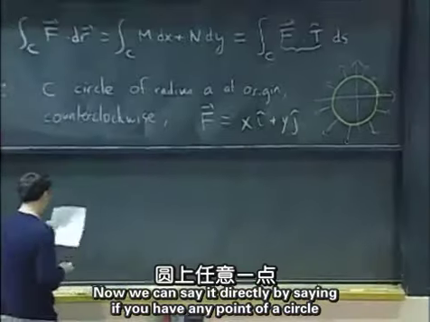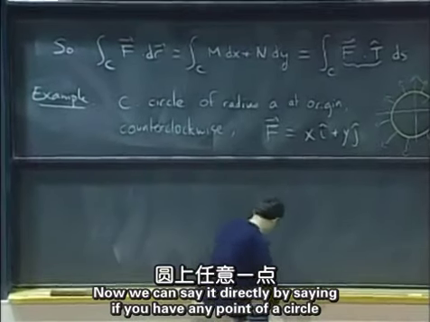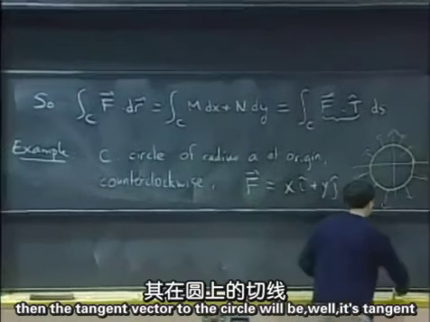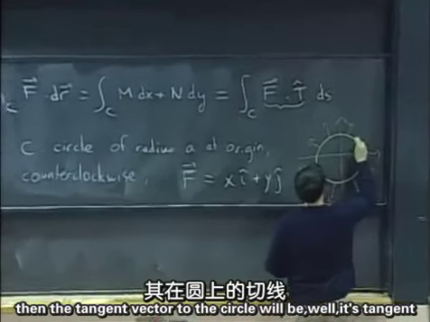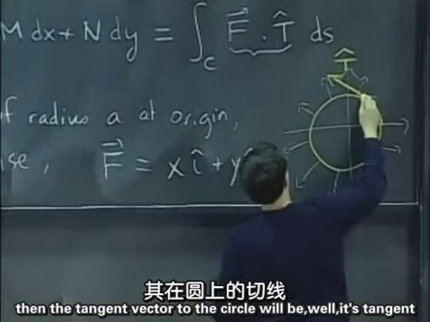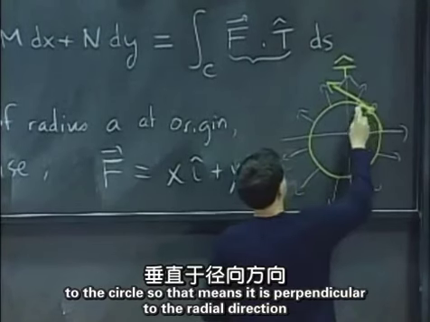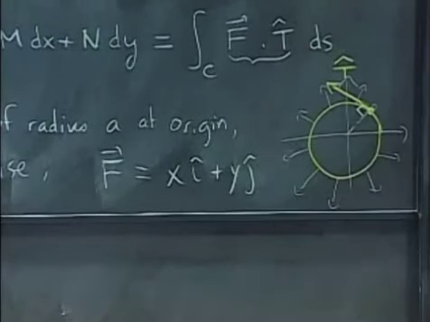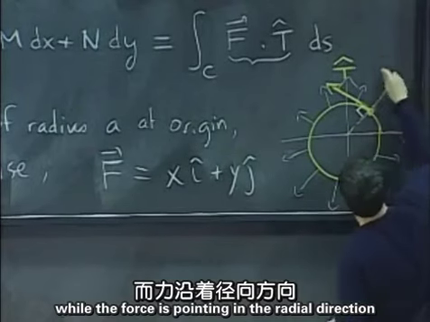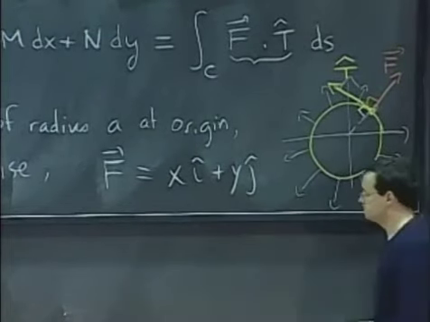Now we can say it directly by saying, well, if you have any point of a circle, then the tangent vector to the circle is perpendicular to the radial direction, while the force is pointing in the radial direction, so you have a right angle between them.